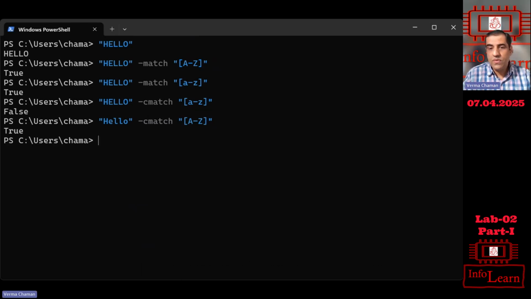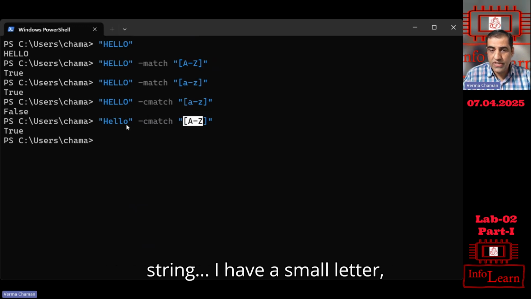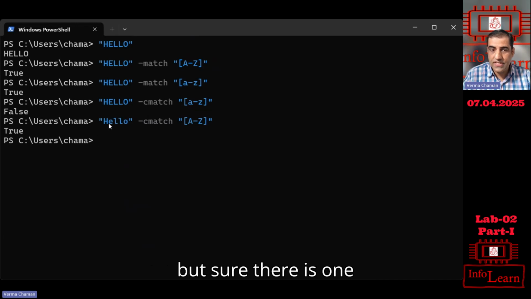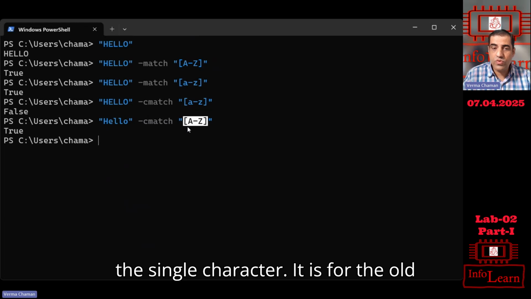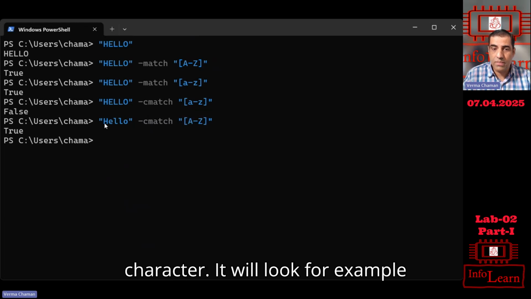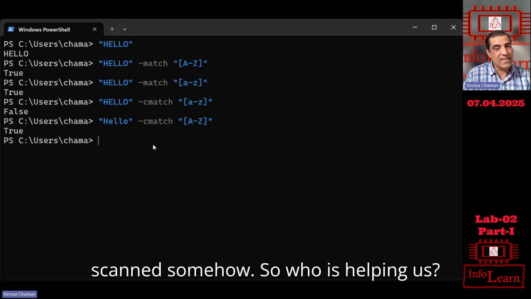It's true. What does it mean? That means I'm looking for the capital letter, and my input string has small letters, but surely there is one capital letter. So practically this is not working for a single character, it is for all characters. It will look at H, E, L, L, O, so character by character it will be scanned somehow.